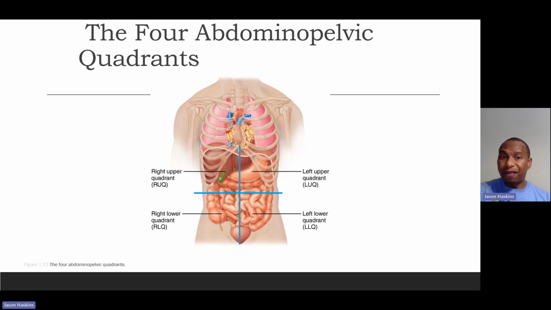We see that the liver, the big brown thing there, the majority of it, rather, is in the right upper quadrant. So if there was a question where you had to identify which quadrant the liver is in, the right upper quadrant would be the best answer.